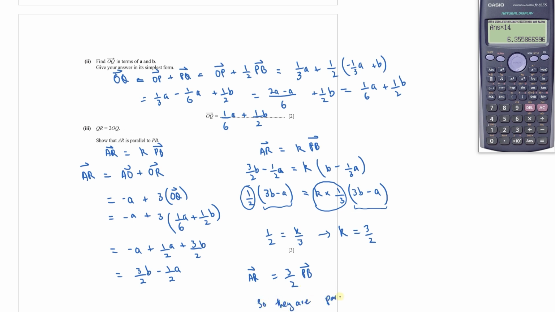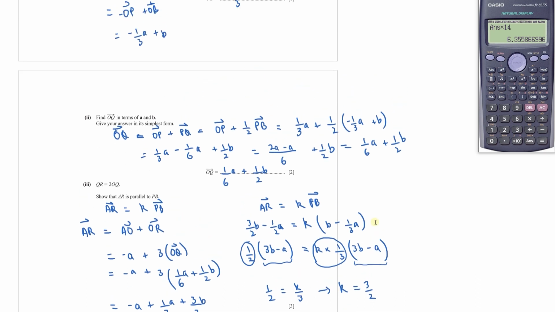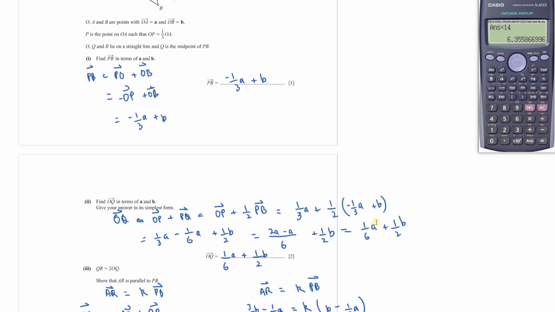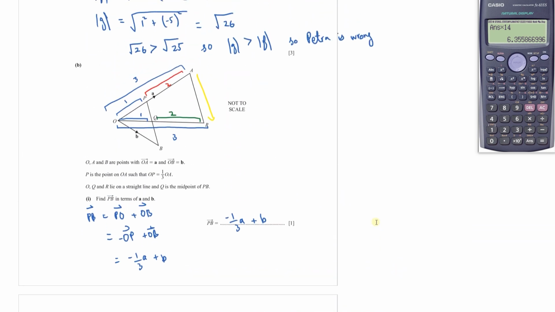So this was the vector method, using vectors to prove that they are parallel. Now I'll show you another way to do this, which is using the similar triangles property. If you look at this triangle OPQ, let me draw this here, and the triangle OAR.